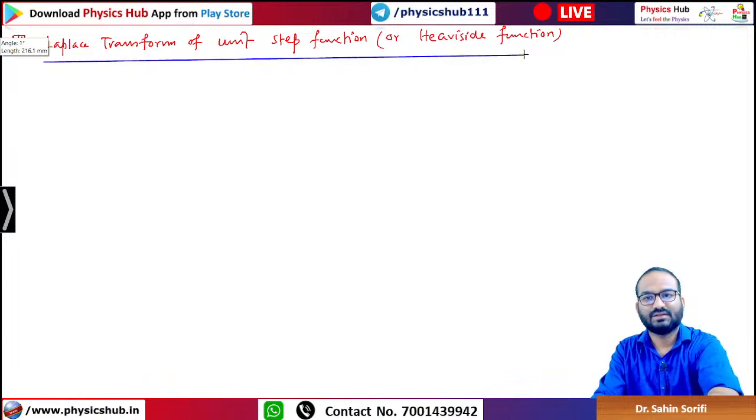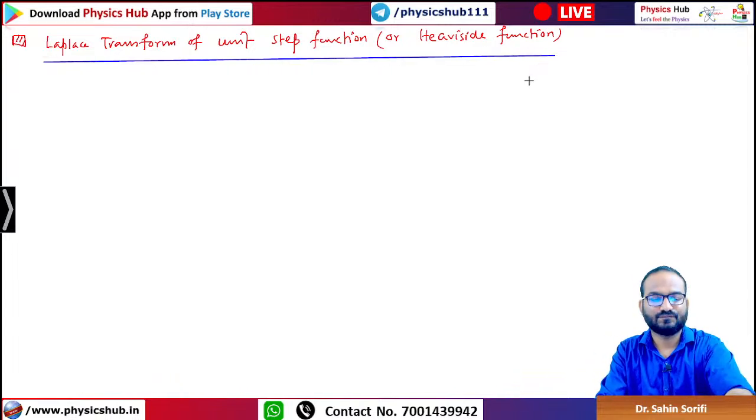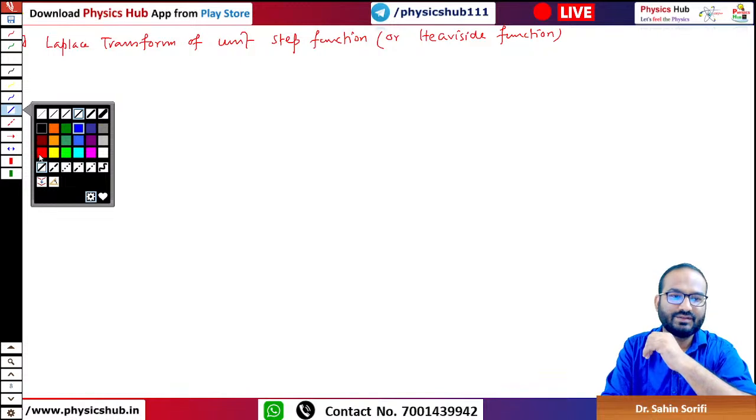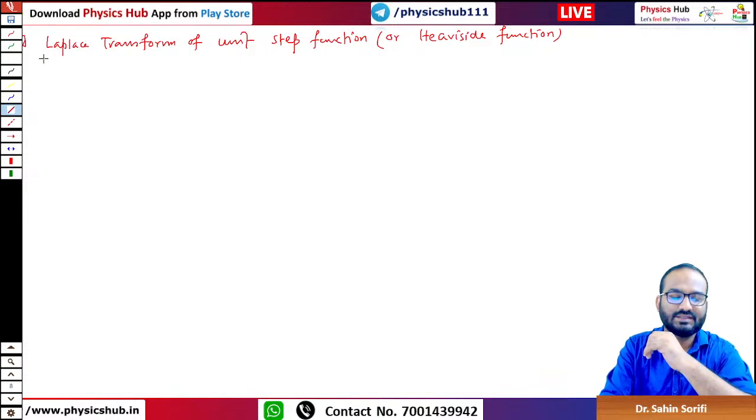Unit step function is also called the Heaviside function. Unit step, the name speaks for itself. The name itself is giving you the definition. Step with unit height, that is the unit step, na?